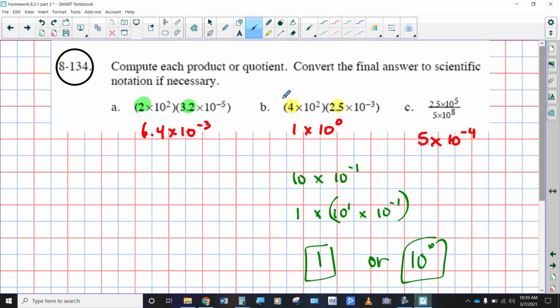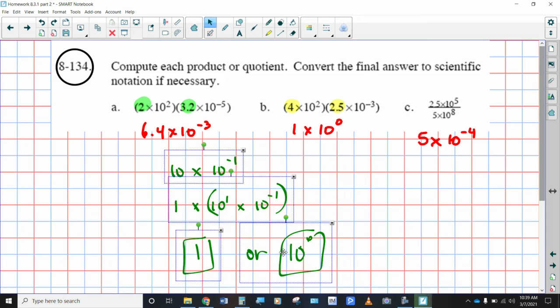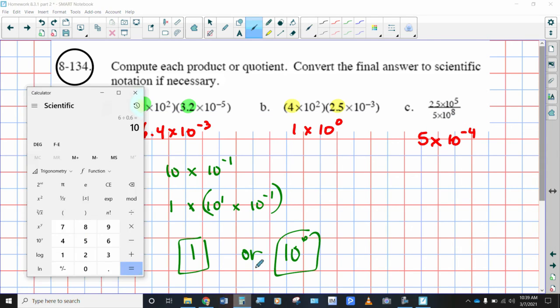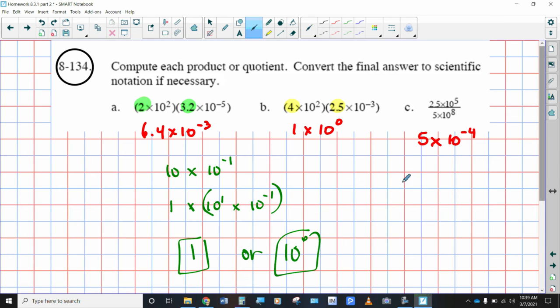And then for problem C, 2.5 divided by 5. If you thought that said 25 there, I can understand you maybe got a different answer, but 2.5 divided by 5 is equal to 0.5. So this becomes 0.5 times 5 minus 8 is 10 to the negative third. So we're going to have to borrow one of these.